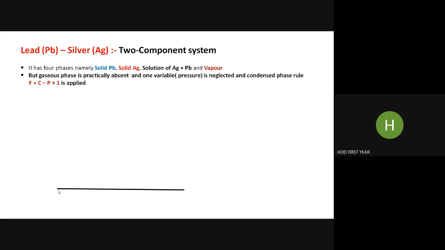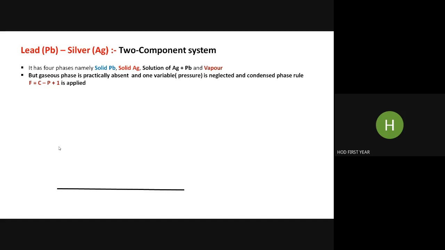So we have two parameters. Which two? Temperature and concentration. Pressure is kept constant at 1 atmosphere. We will perform two experiments to prepare the lead silver alloy, because we can add lead into silver or silver into lead. These are the two experiments we can perform.